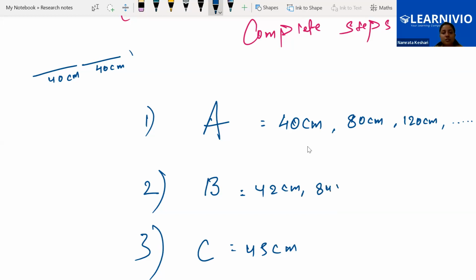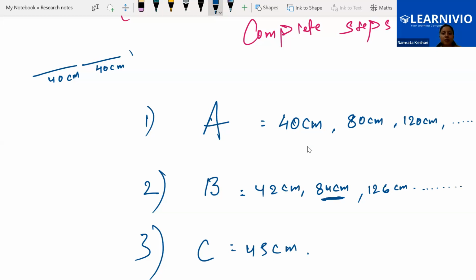So the next time, totally from the very beginning we are measuring total, it will be 84 centimeter. After that it will be 126. Like this it will keep on going.